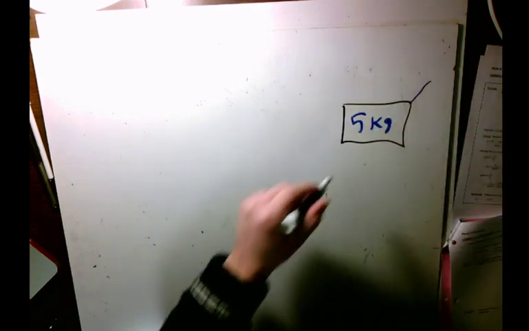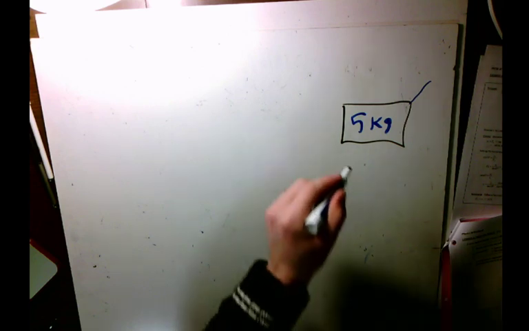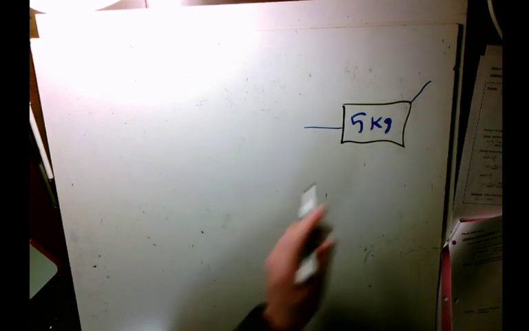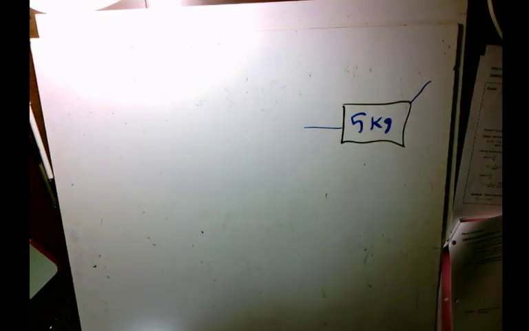at 5 kilograms. We have one rope coming up and to the right, and they give us an angle of that, and another rope that's going just purely horizontally, right?